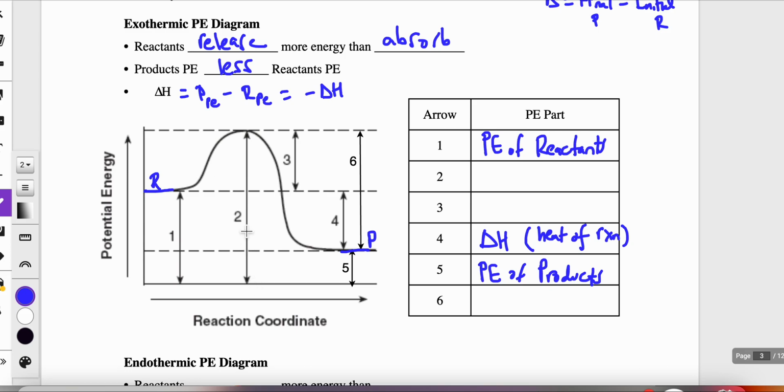Now, arrow 2. It is similar to arrow 1 and arrow 5 because it starts at the x-axis and it climbs all the way up, and it reaches the peak of the hill. So this is known as the potential energy of the activated complex.